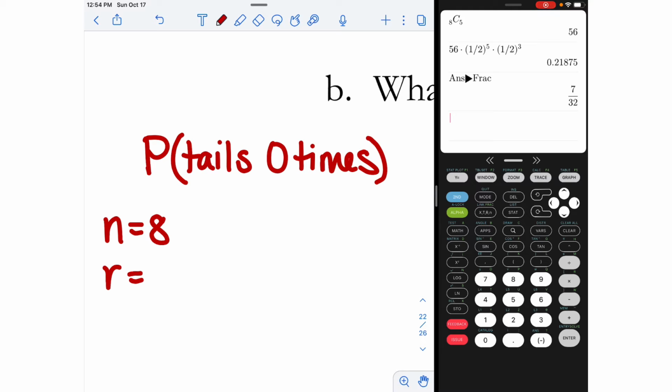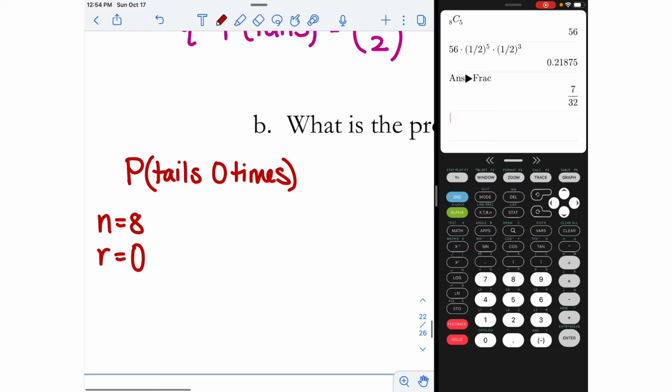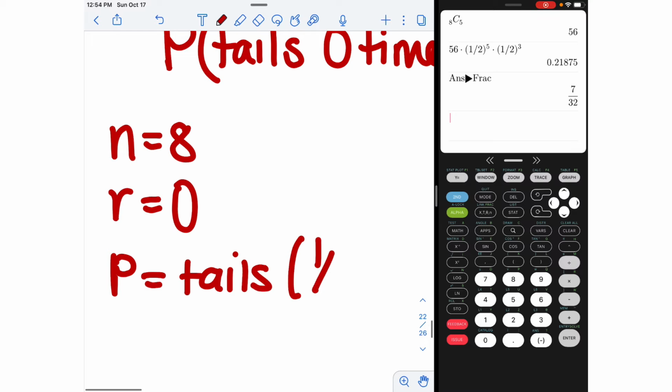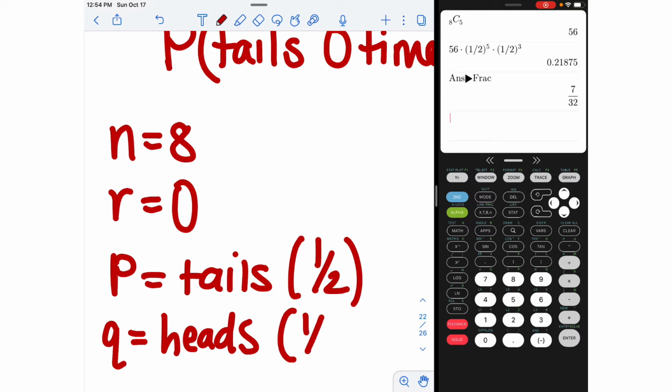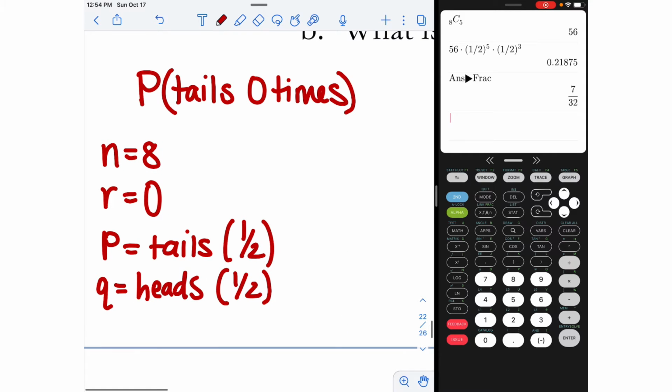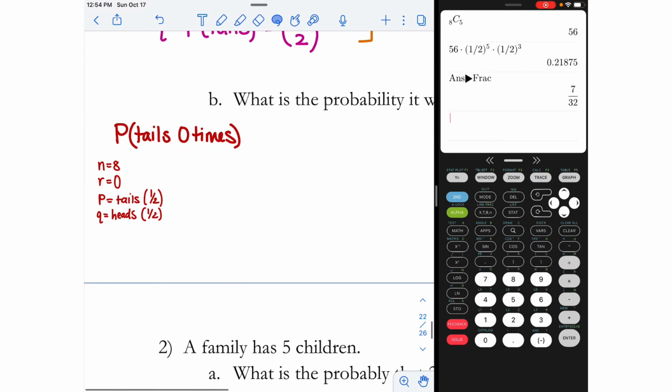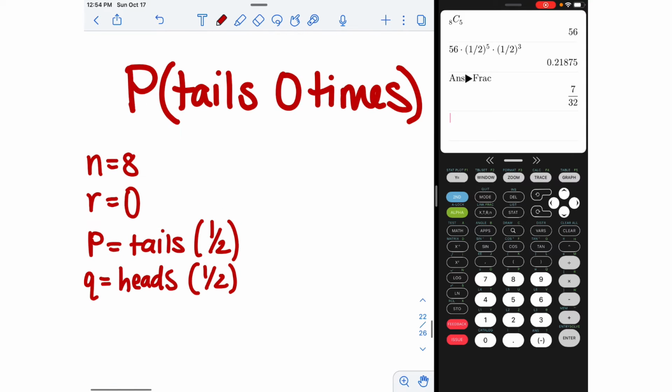For this trial, the success is going to be 0. The P is tails this time, still 1/2. And the Q is heads, still 1/2. The success is tails because we're looking for tails. But really, since it's 50-50, it doesn't matter.